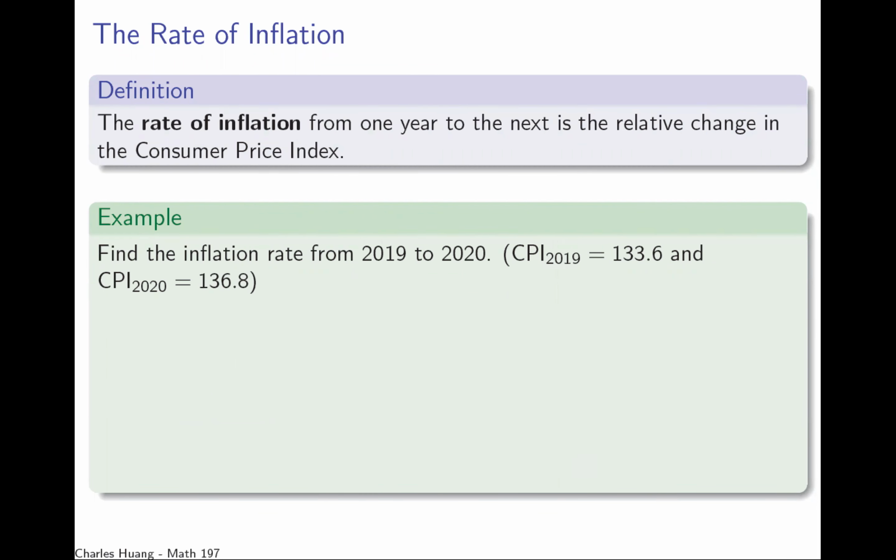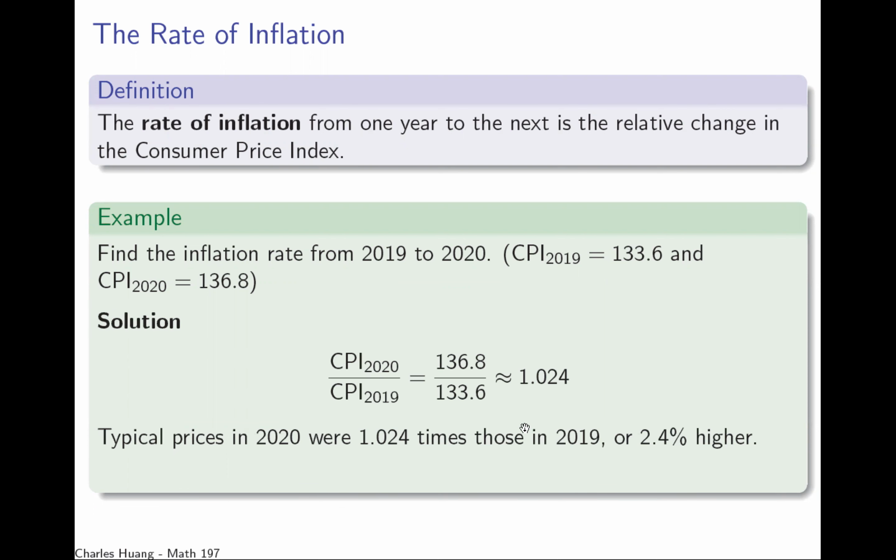The inflation rate is then how these price indexes are changing, how the money is changing. So what we're going to do is calculate the relative change between one year and another. And how do we calculate relative change? Well, we can do it two ways.